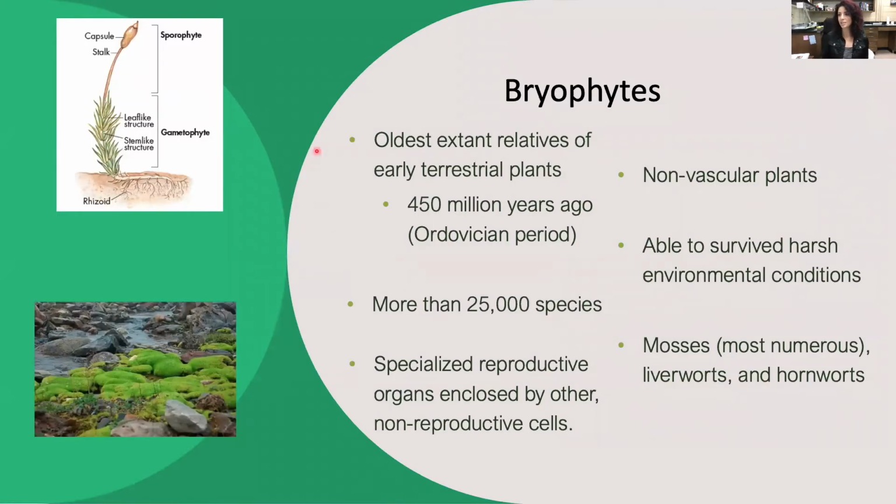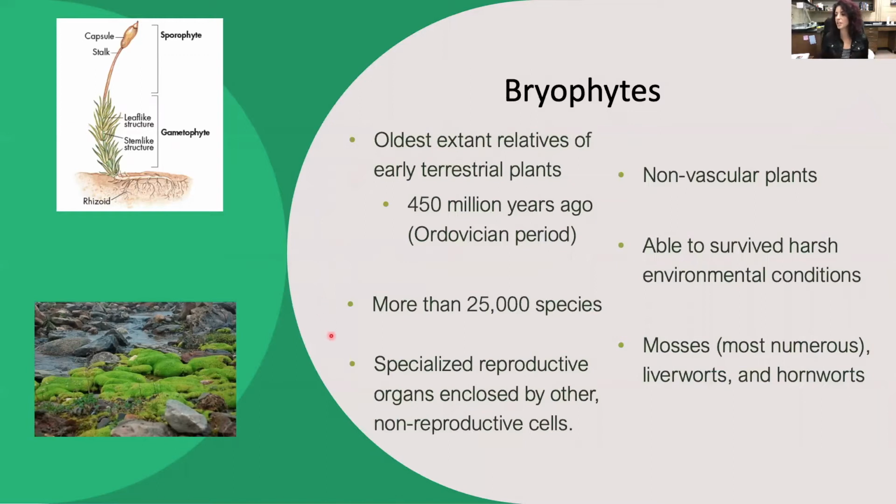The bryophytes represent the oldest extant relatives of early terrestrial plants, extant meaning living relatives today. The bryophytes probably emerged and evolved about 450 million years ago during the Ordovician period. Right now on Earth, there are more than 25,000 species of bryophytes, so a very biodiverse group of organisms.